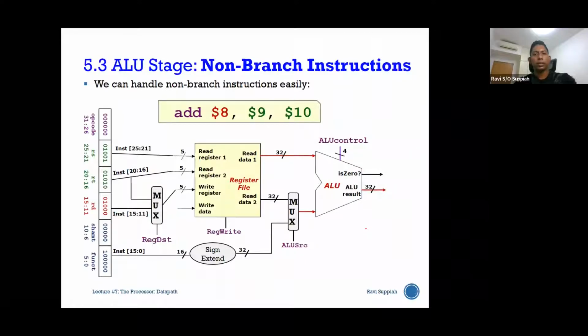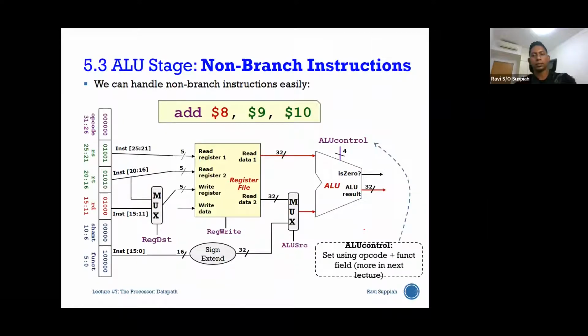Now let's look at this. Up to here is what we have already seen, up to the decode stage. For the ALU stage, no issues. If you look back at the decode stage, we can say that the RD is the one that is going to come here, because this is your destination register.